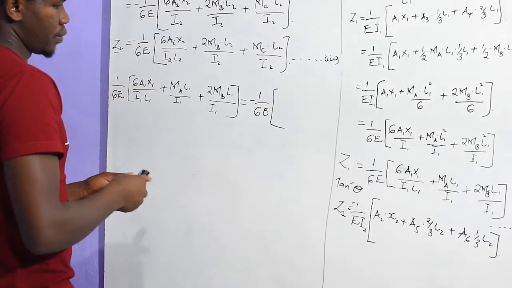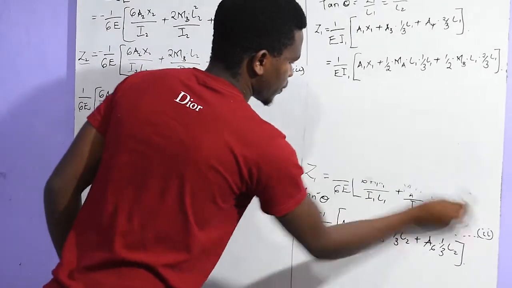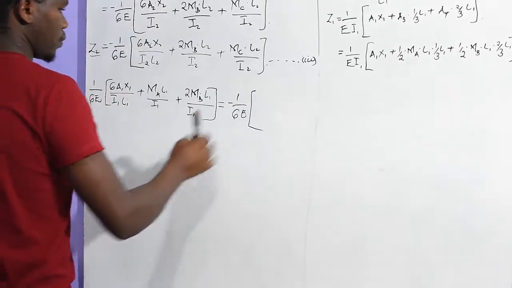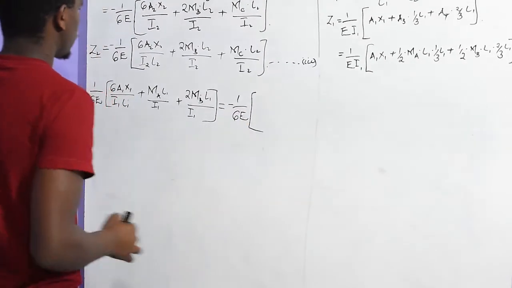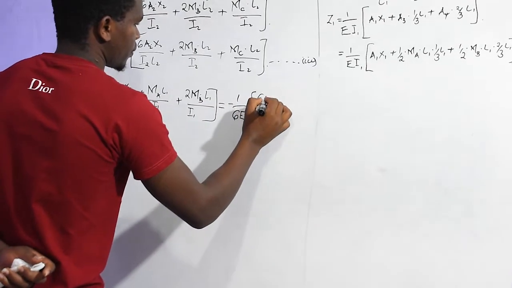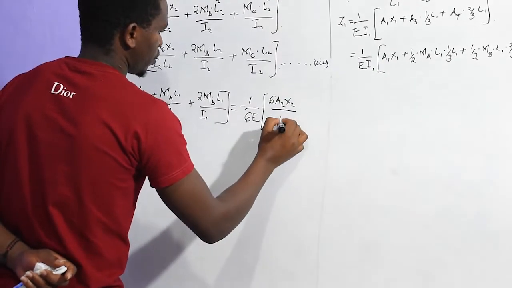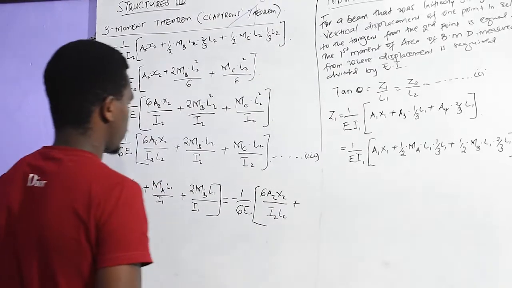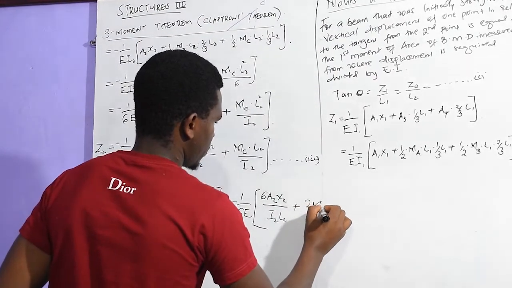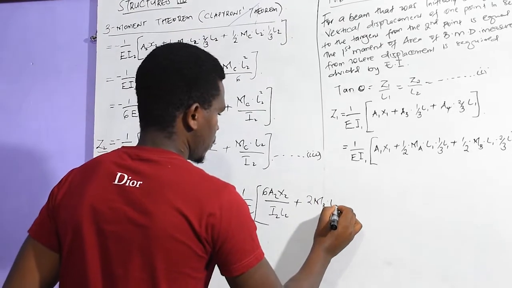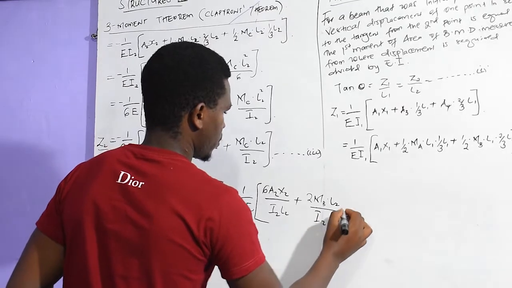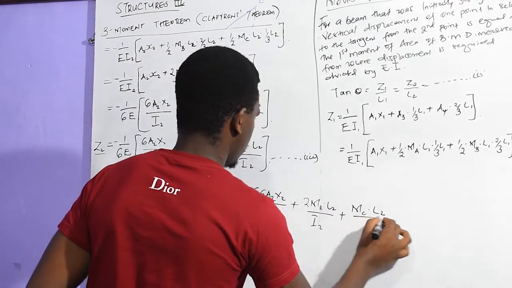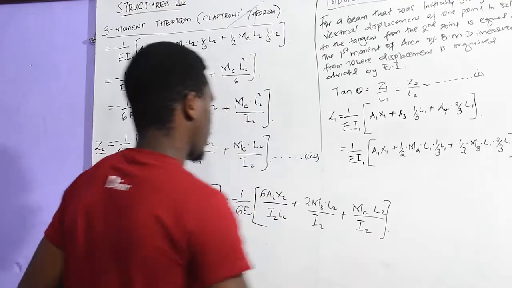in the bracket, this 6 area 2 x2 all over I2 L2 plus 2 moments at B length 2 all over I2 plus moments at C L2 all over I2, like so.